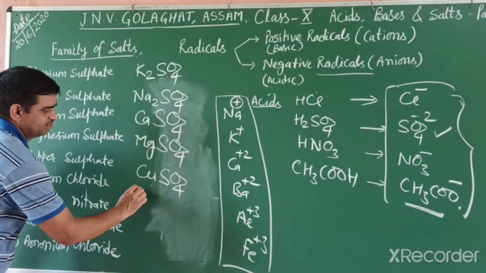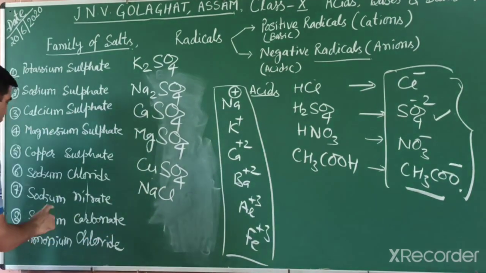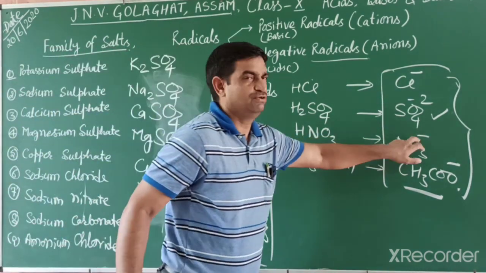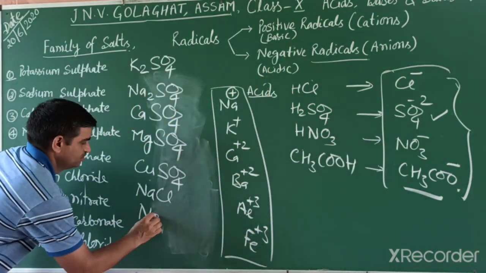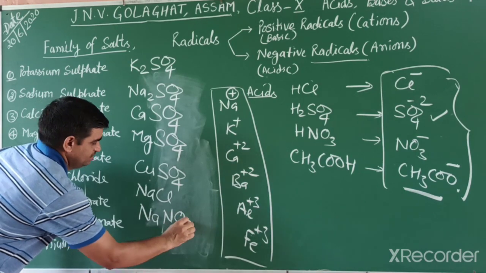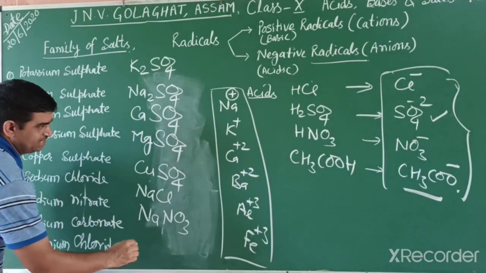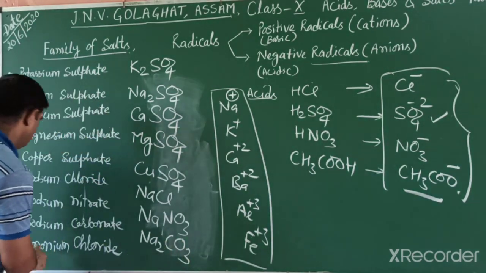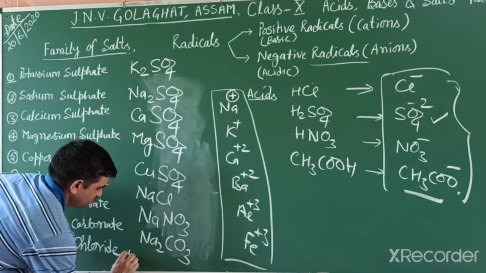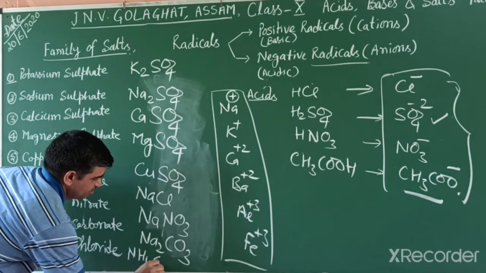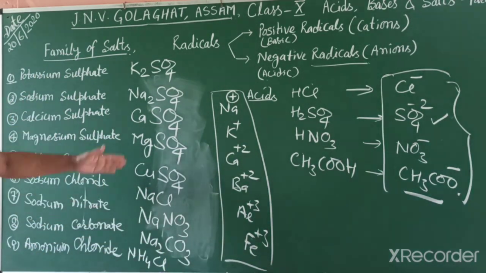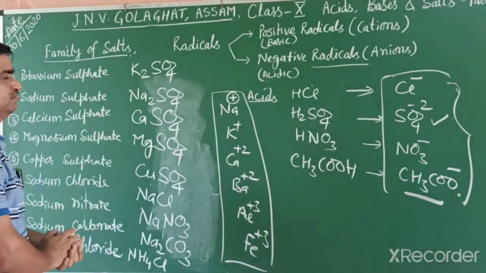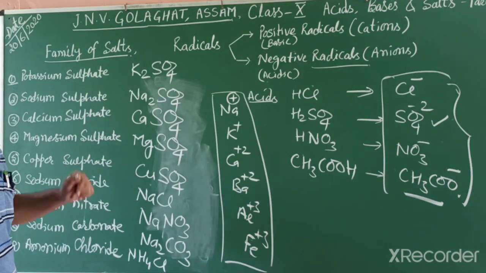Sodium chloride, NaCl. Sodium nitrate: nitrate we know has a negative charge, NO3 minus, so we write NaNO3. Sodium carbonate, Na2CO3. Ammonium chloride, NH4Cl.